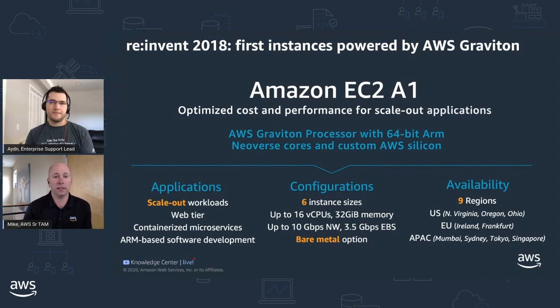We have these in bare metal as well as traditional. A1 instances support up to 16 vCPUs and 32 gigabytes of memory, up to 10 gigabits per second for networking, and 3.5 gigabits per second for EBS throughput. A1 instances are in 9 regions today, giving you global coverage for ARM instance types.